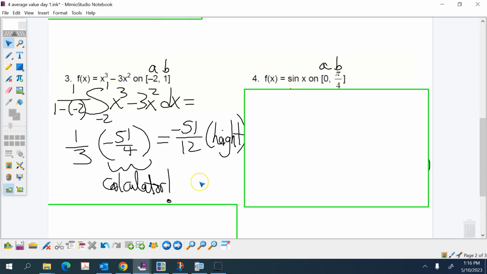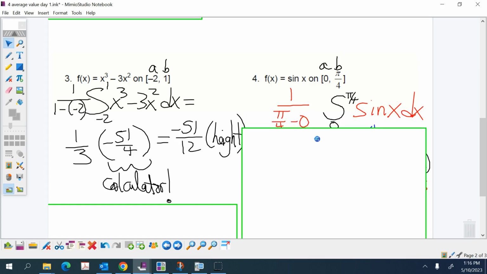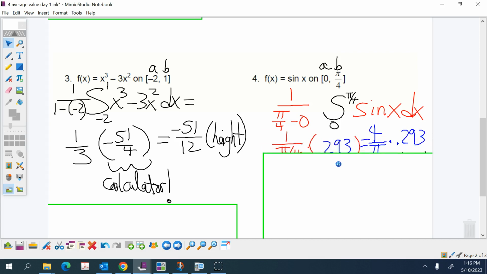In number 4, you can see that the interval includes x values in radians, so you want to make sure your calculator is set on radians. It's going to be 1 over pi over 4 minus 0 of the area between 0 and pi over 4 of sine x dx, all in your calculator. 1 over pi over 4 minus 0 is 1 over pi over 4.